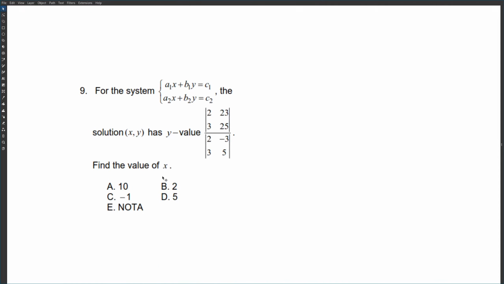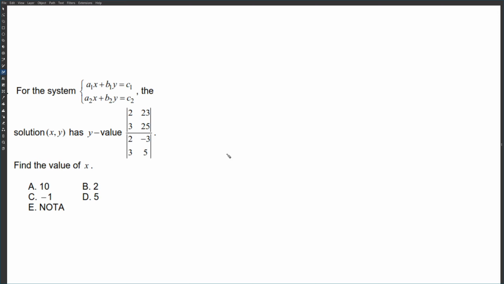For this system, the solution x, y has a y value; find the value of x. Okay, and notice here, if they give us the d value on the denominator, we can just borrow that and also use it to reconstruct the original system. Okay, so we know our x value is going to have the same denominator, 2, -3, -5.